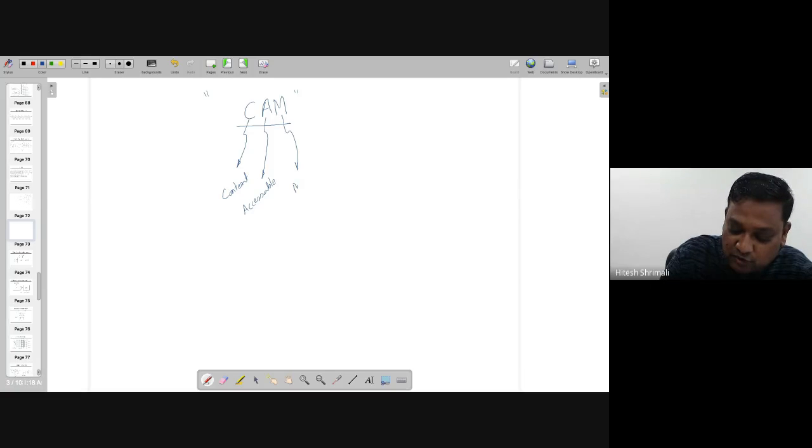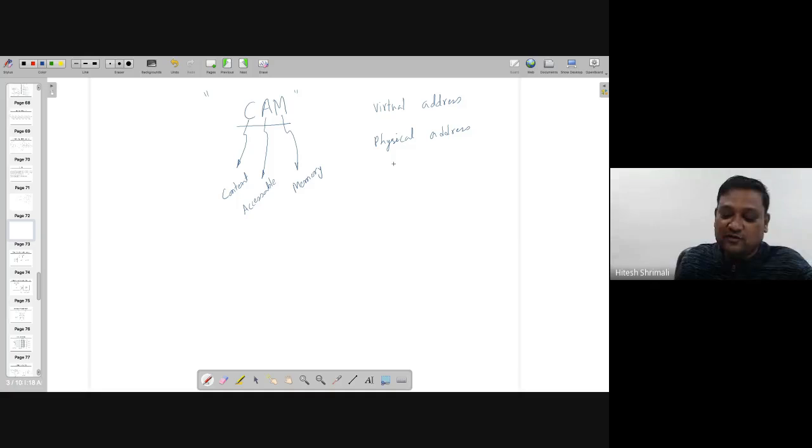This is the most important memory in terms of checking two things, the virtual address and the physical address, which is part of any microcontroller. So it matches these two things, virtual and physical address.